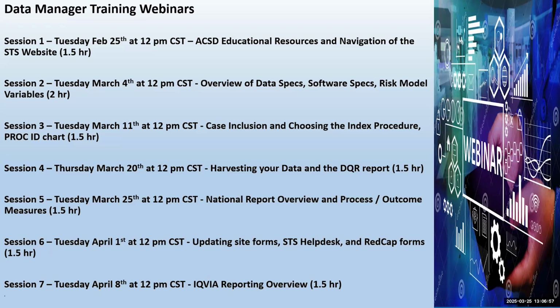And then also some of the documents that Melinda spoke about today, the National Report Analyses Overview, that is on the IQVIA platform under Library, and I put a link to that in the chat. The Process and Outcomes Measures document is on the website.